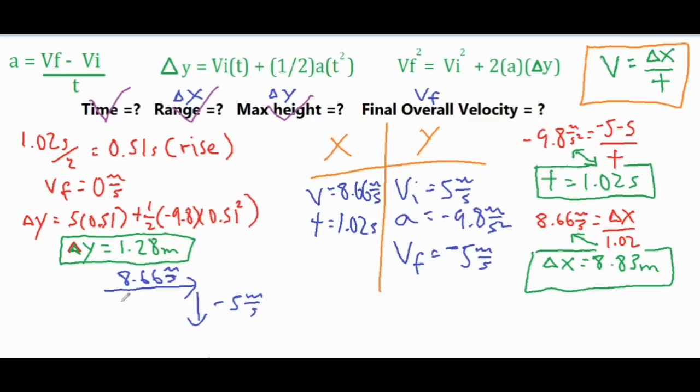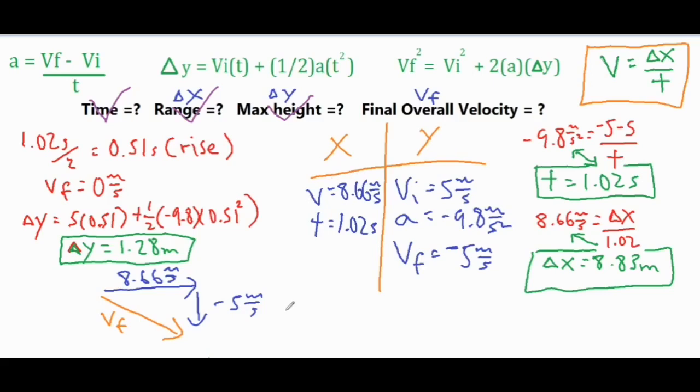So what you would normally do is use the Pythagorean theorem to find this final resultant vector right here. And then this is your final velocity, which you'd call your final overall velocity or your resultant velocity. This final velocity is just strictly in the vertical direction, but it's in combination with this 8.66 right here.